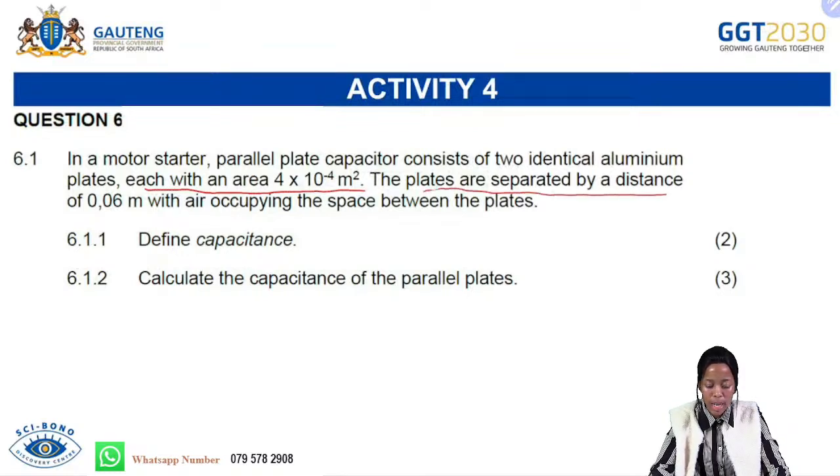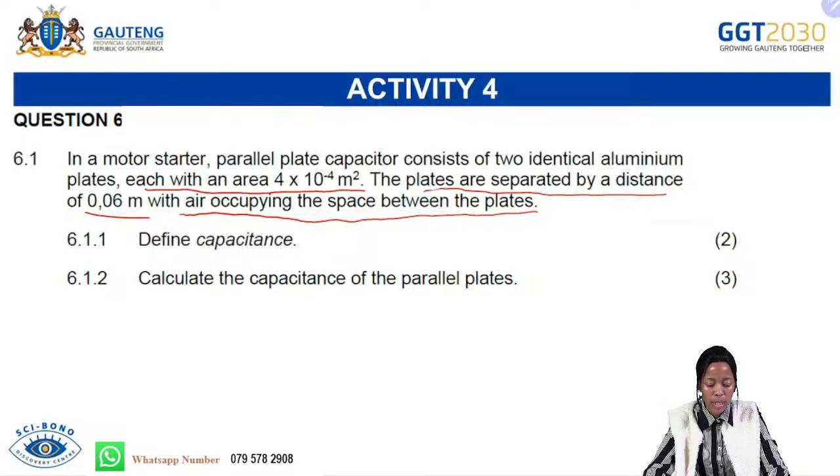Remember to highlight for yourself as well when you get to the examination so that you are able to see the information that we have there. So the plates are separated by a distance of what? Of 0.06 meters. And then it says with what? With air occupying the space between the plates there.